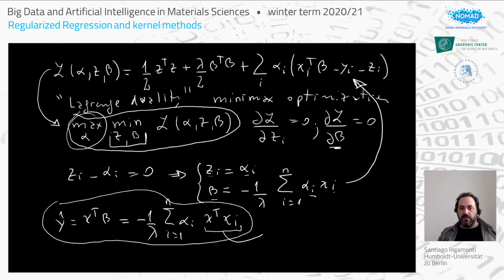This is a scalar product of two vectors, and we can define this as a function that we call a kernel, k(x, xi) equal to x times xi, or with the notation that we are using, x transpose xi.